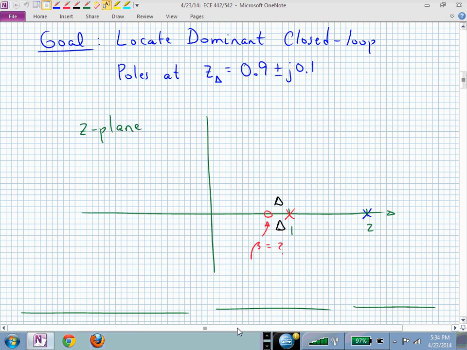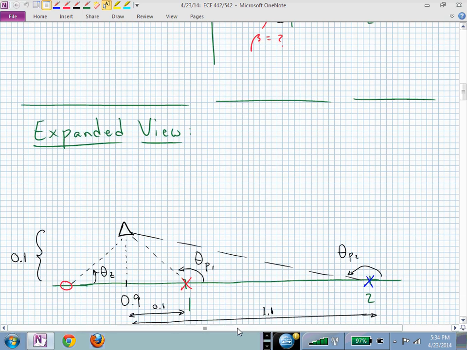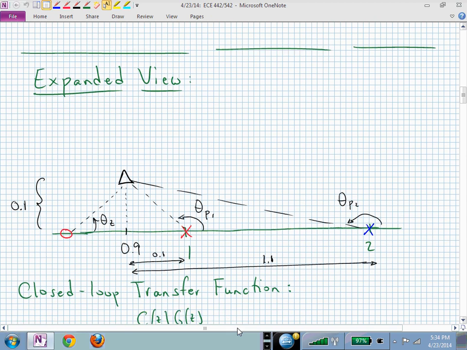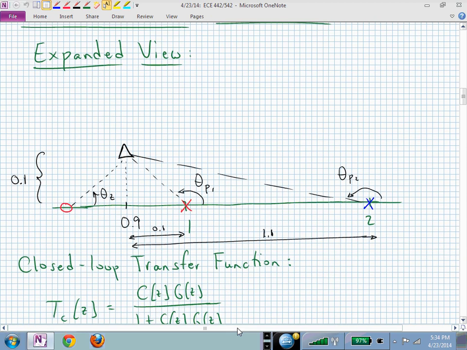And this may not be a real accurate sketch, but it gives you the picture of what's going on. If we look at the expanded view, what we're wanting to do is actually design this location of the zero so that the closed loop pole does go through that triangle, and that means the root locus branch, the upper one, needs to go through that triangle.